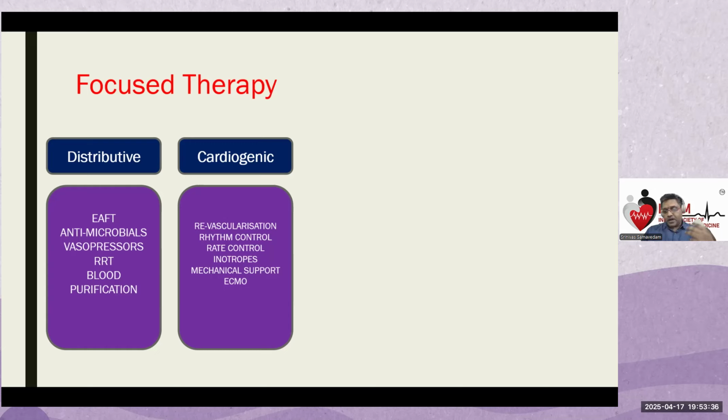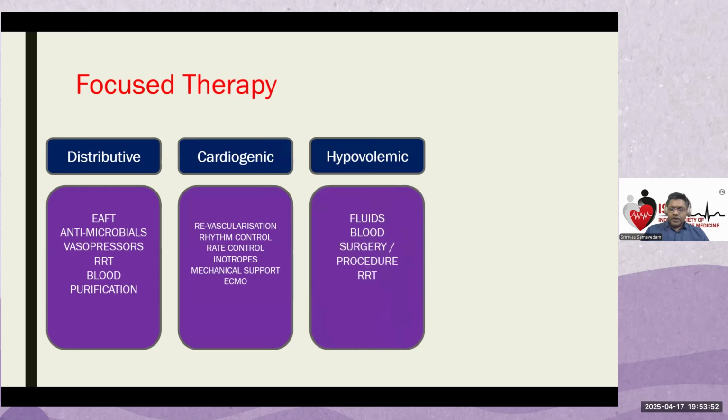And in refractory cases, maybe you should consider mechanical support like IABP or a veno-arterial ECMO, and in the advanced stages, maybe a ventricular assist device as well. Hypovolemic shock, simple to treat: fluids, blood, surgery to stop the bleeding, and renal replacement therapy, correct the acidosis and hyperkalemia.